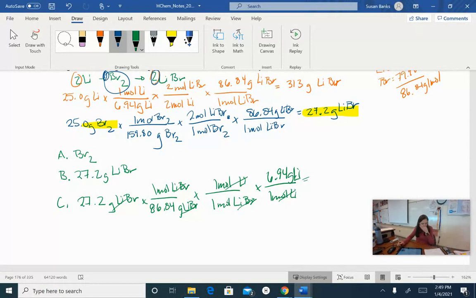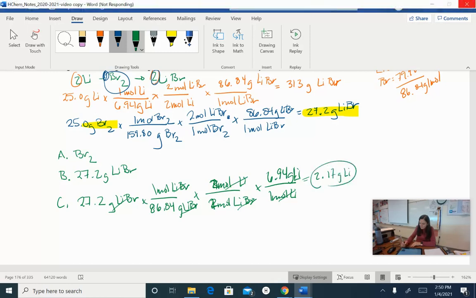Actually it's 2 moles, right? 2 moles of lithium to 2 moles of lithium bromide. It does reduce to 1. Okay, so when I do the math here, that means I've used up 2.17 grams of lithium making it.